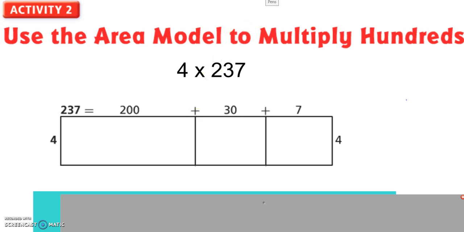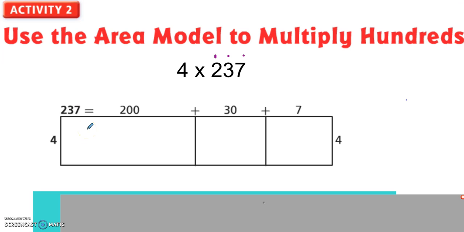Okay? And then, as we move forward with this, you have 3 equations now. Because you have 3 digits, you are going to have 3 equations and 3 partial products.